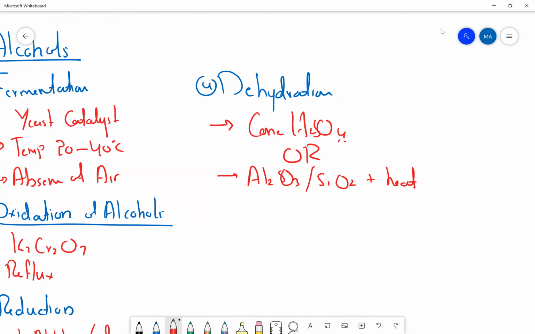The problem with H2SO4 is that it is also an oxidizing agent, and it can oxidize the alcohols to carboxylic acids. So this is a problem. It's not preferred.